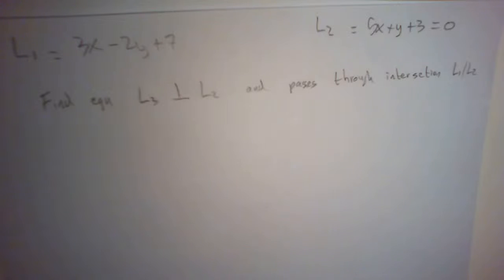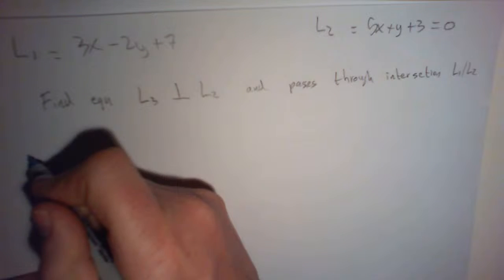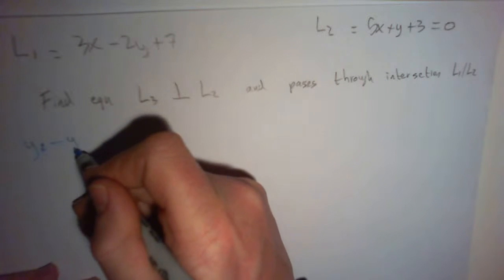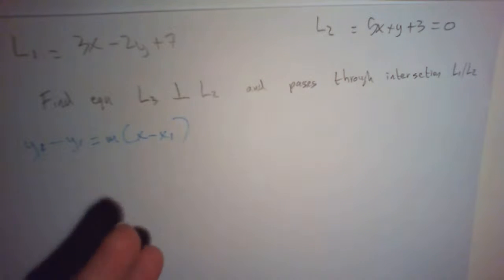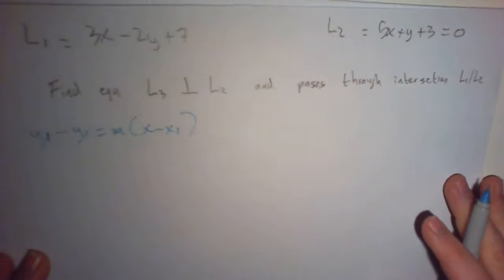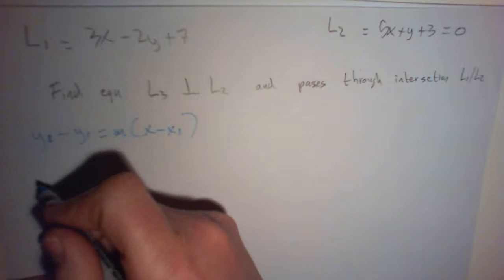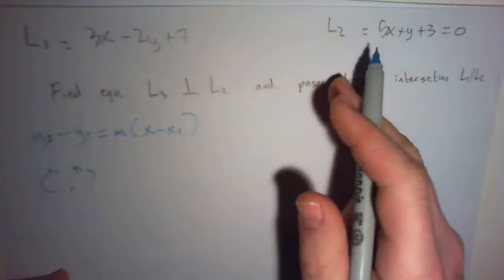And we're back. So how are we going to do it? Well, let's start with writing down what we need to eventually end up with. We need y minus y1 is equal to m times x minus x1. That's what we need to make this work. The question is, how do we get it? Well, we need an x1 and a y1. That's a coordinate. We'll get that from the intersection of these two lines.